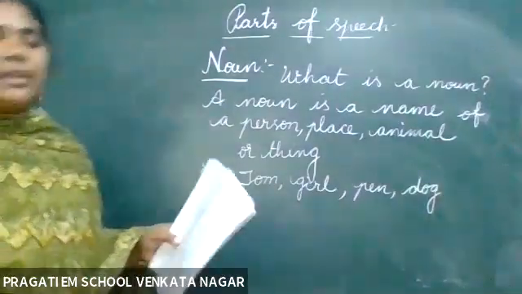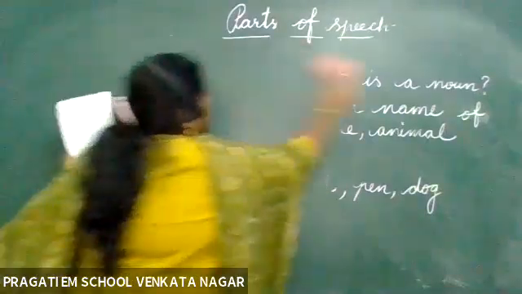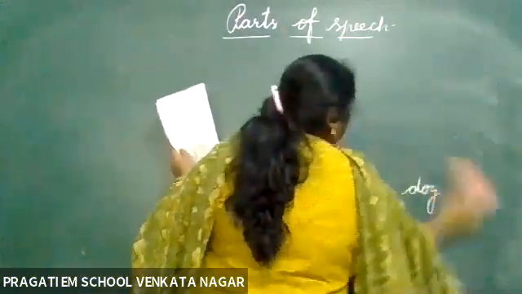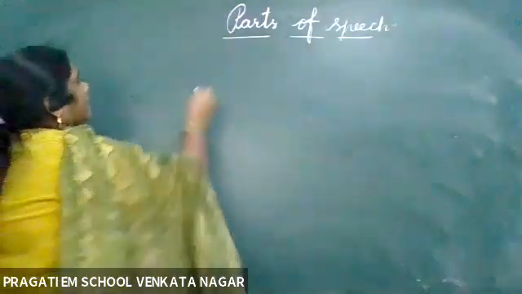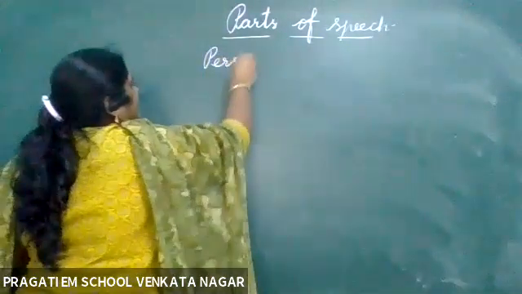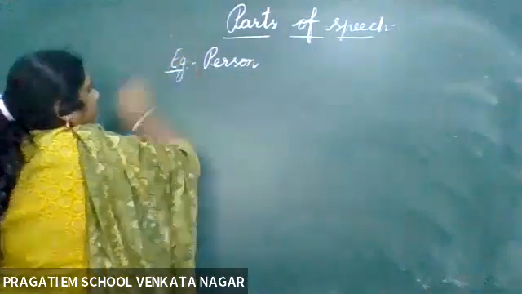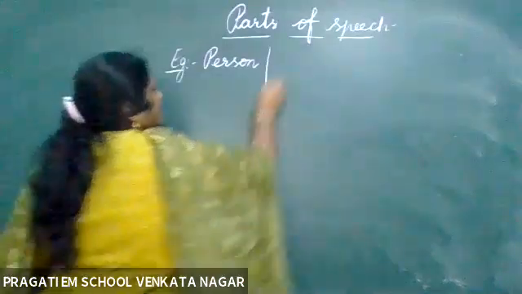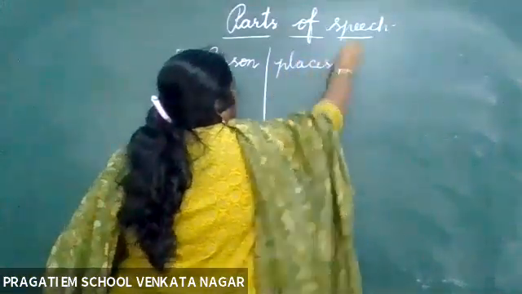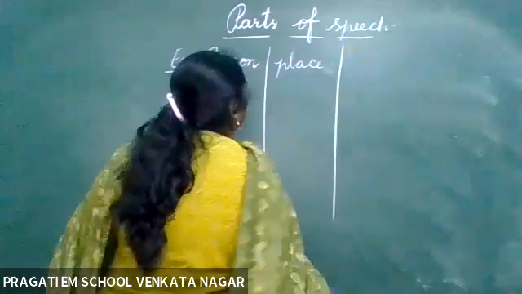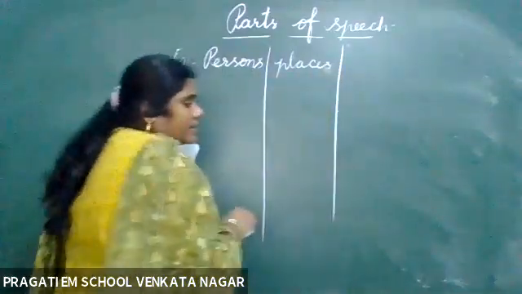Okay, next friend, I'm going to give you some more examples of this now. Just draw some tabular form. First one, persons. Example. Places. Persons. Places.